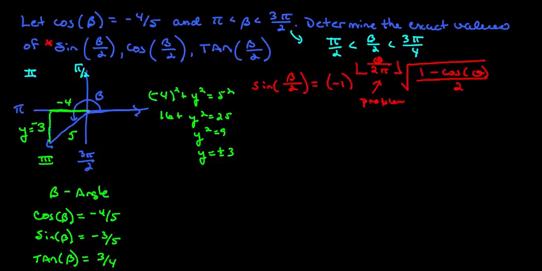Here's 1 pi over 4, 2 pi over 4, which is pi over 2, and here is 3 pi over 4. So beta over 2 falls in this range. So clearly sine is positive.